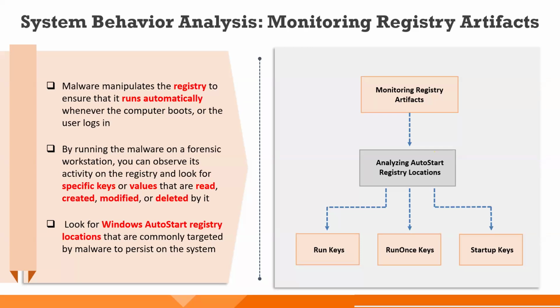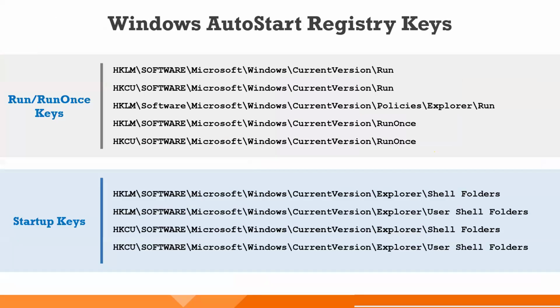They always try to change the keys, maybe from 0 to 1, to ensure that it becomes malware that auto-starts. So when you power on the computer, it persists on the computer system and starts up on its own. So you have to go through the key areas of the registry.